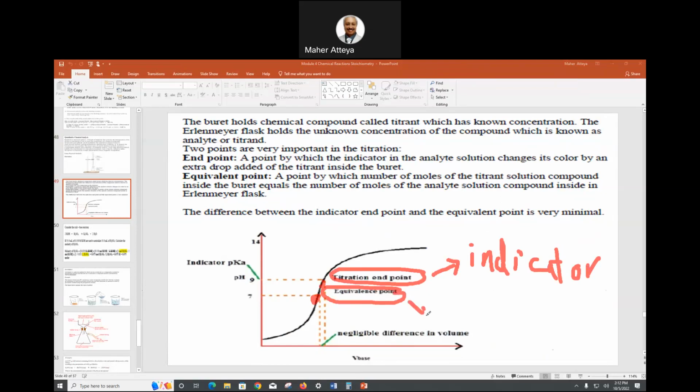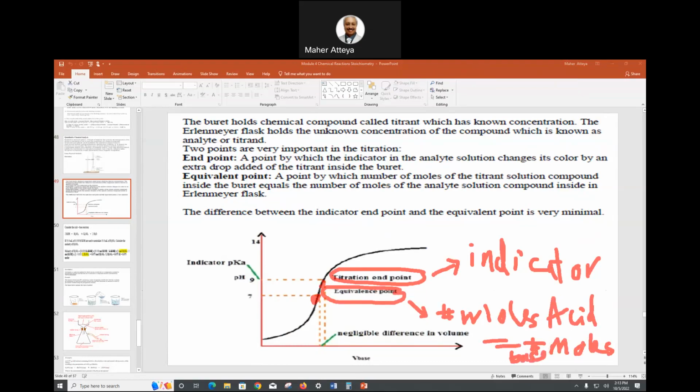Calculation based on the number of moles: the number of moles of acid equals the number of moles of base. Okay, guys. So this is the difference here.